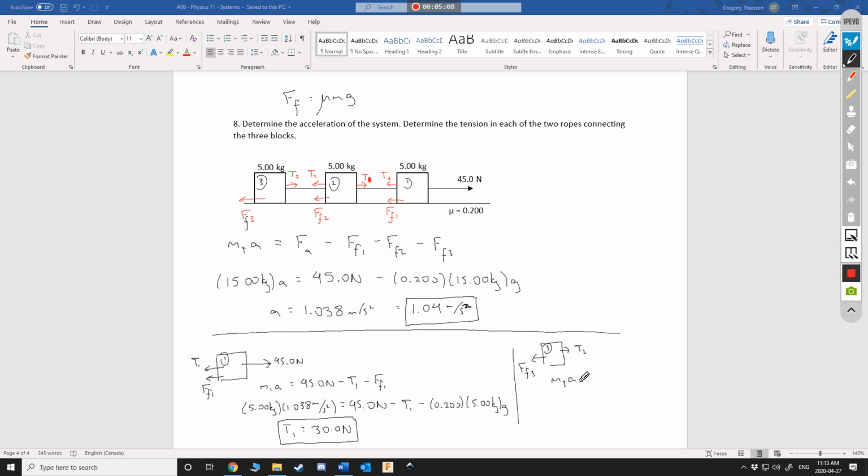So M3 times A is equal to T2 minus our force of friction 3. 5.00 kilograms times 1.038 meters per second squared equals T2 minus that 0.200, 5.00 kilograms times G. So 5 times 1.038 plus 0.2 multiplied by 5 times 9.81. And as expected, 15.0 newtons.